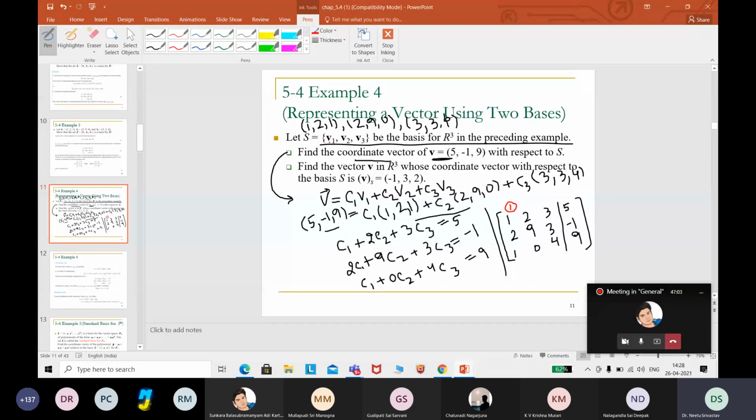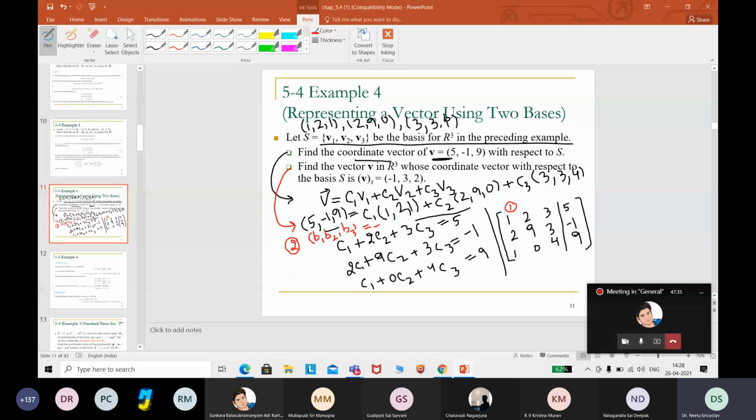And the second bit is quite simple. You just have to find B1, B2, B3, which will be spanned by V1, V2, V3, and whose coordinates are given as minus 1, 3, 2.